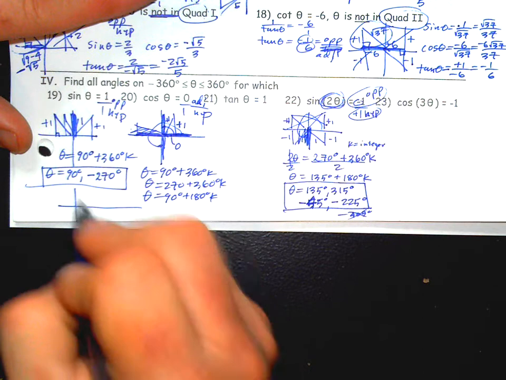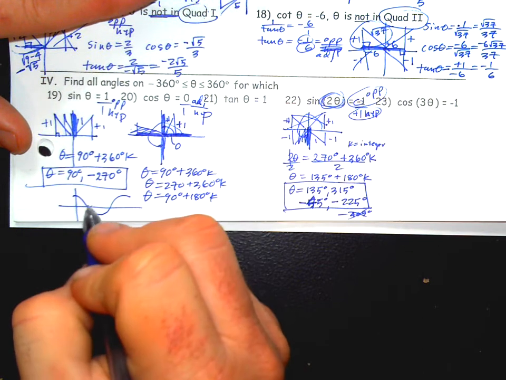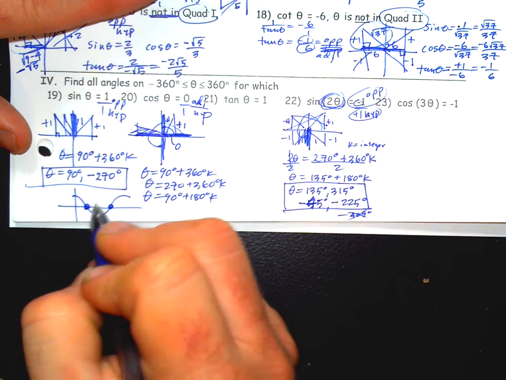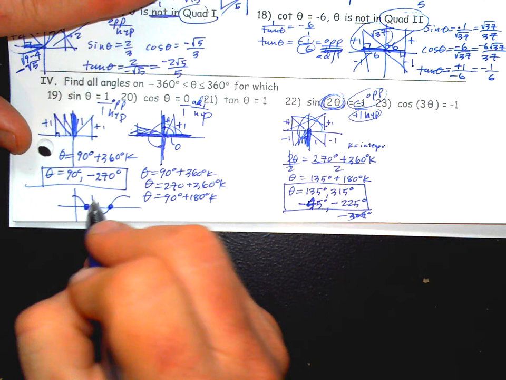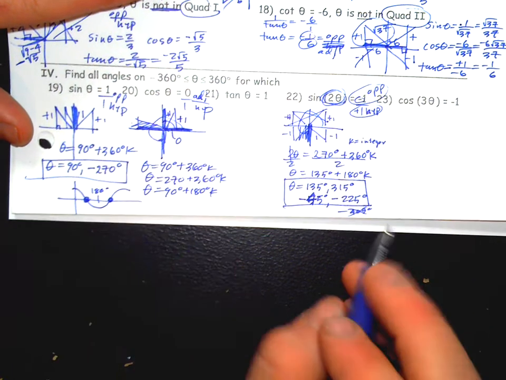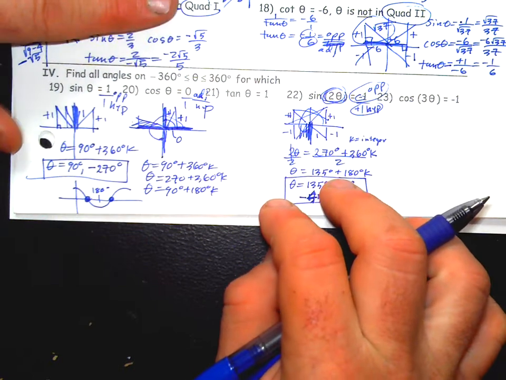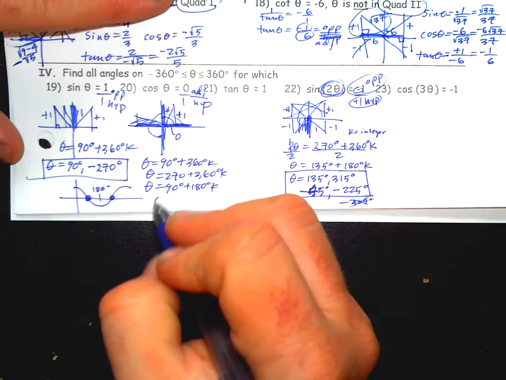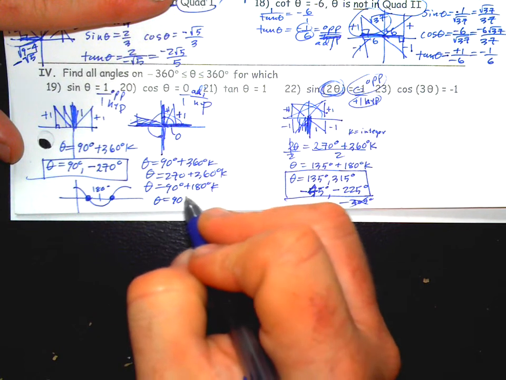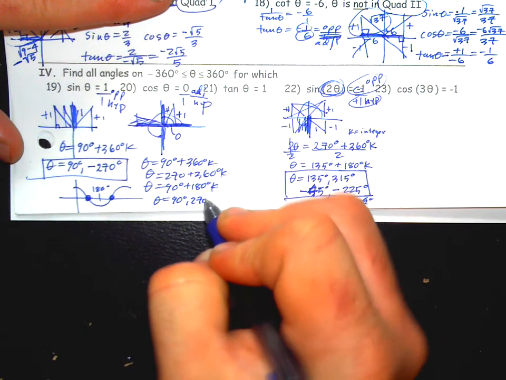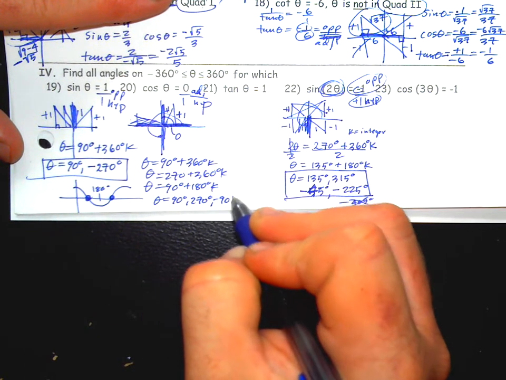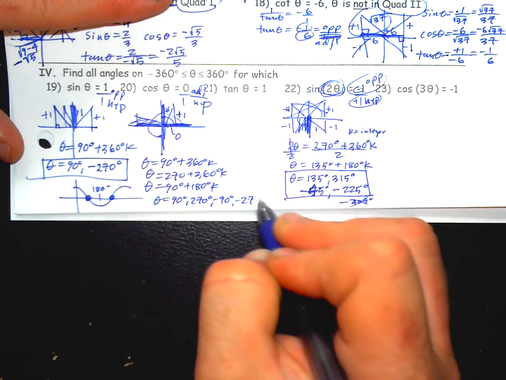Think of the cosine curve. It looks like this. When does it equal 0? Here and here, and it actually happens exactly half the period apart. That's the only value that happens for. So we get theta equals 90, 270, negative 90, negative 270.